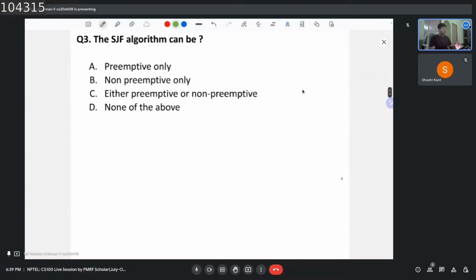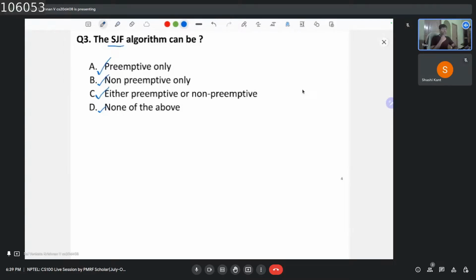The question is: the SJF algorithm can be, and four options are given, only a preemptive version, only a non-preemptive version, both preemptive as well as non-preemptive, and third, none of the above. Which of the following options is correct with respect to the shortest job first scheduling algorithm?